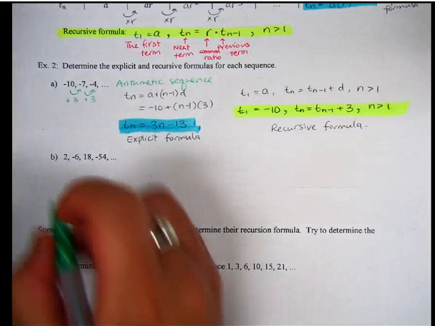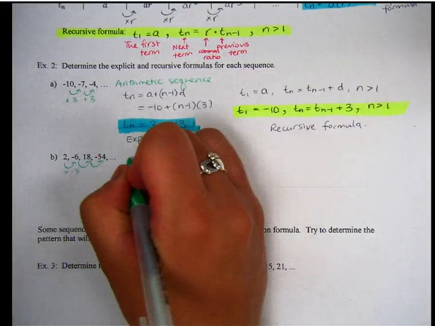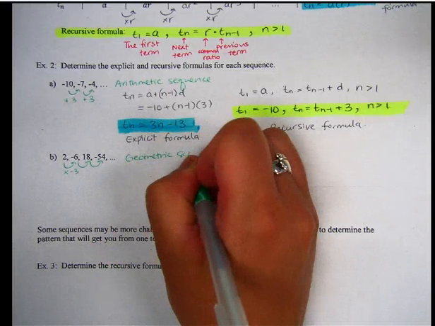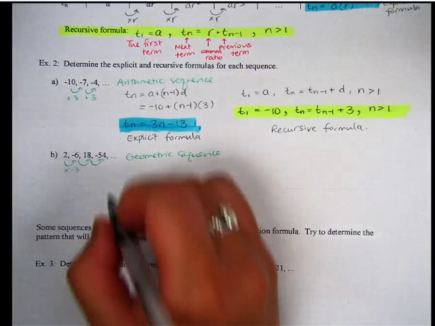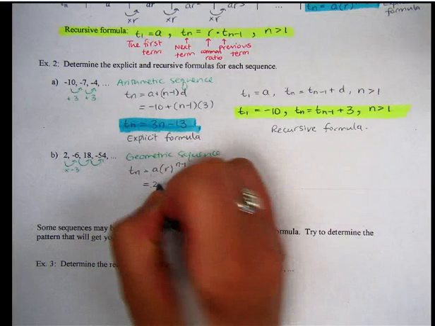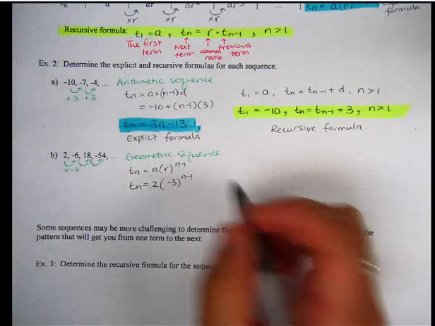It's a geometric sequence this time because we need to just multiply by negative 3 every time. That's how we know we have a geometric sequence. So Tn equals a r to the power of n minus 1. So 2 times negative 3 to the power of n minus 1. That's our explicit formula.